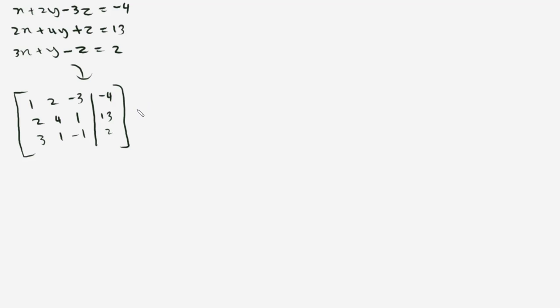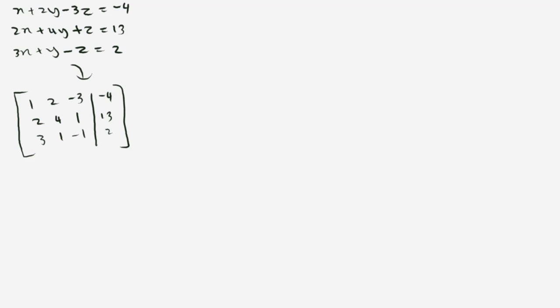So let's triangularize this. In order to triangularize this matrix, I have to eliminate this 2 and this 3. All I have to do is multiply the first row by 2 and subtract that from the second row. Then again multiply the first row by 3 and subtract that from the third row.